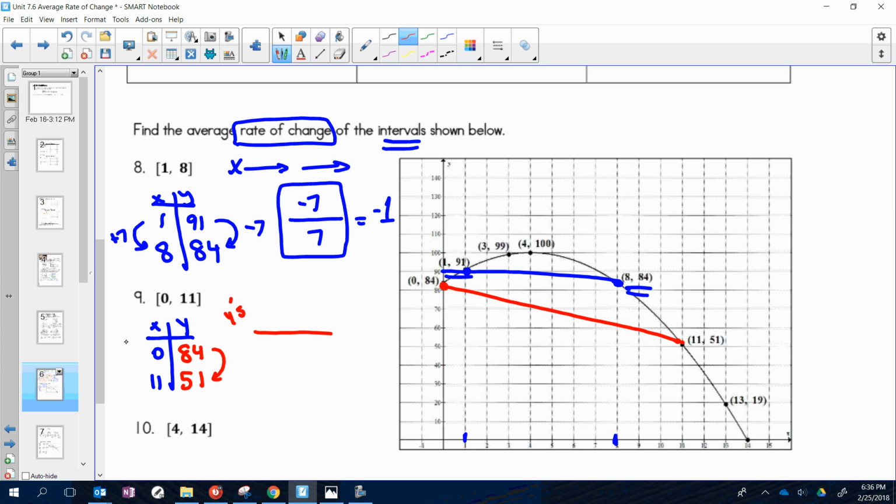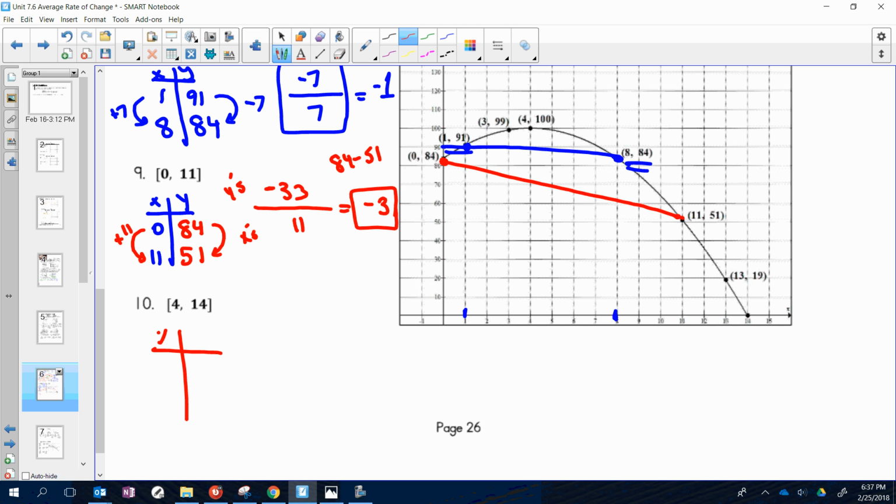That's going to go down 33. I just real quick did 84 minus 51 in my head. And then your x's are going up, so x is on the bottom, going up 11. And if you were to calculate 33, wait a minute, 84 down, oh, I forgot my negative. And then this was going up, that's a positive. All right, so this will come out -3 if you were to calculate that on your calculator.